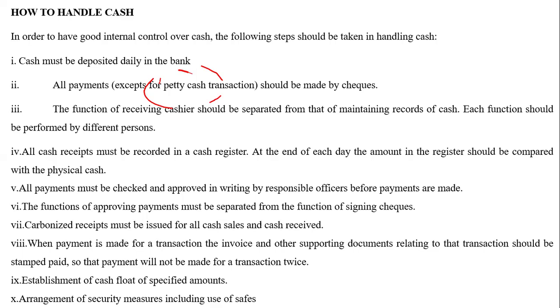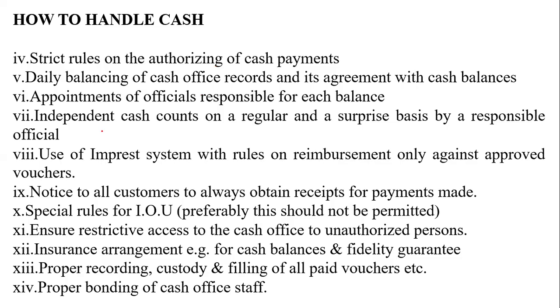All payments must be checked and approved in writing by responsible officers. These are things to consider when we talk about transactions in businesses. So when we are looking at cash transactions, we must consider all these, because they are very important and organizations will put them into place.